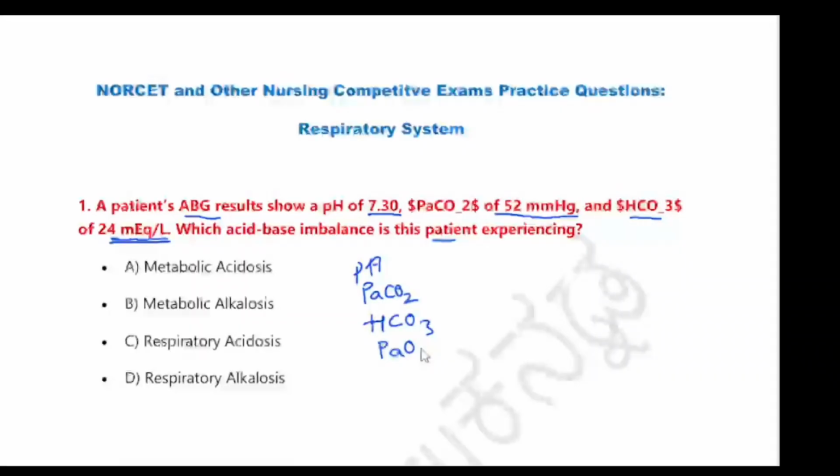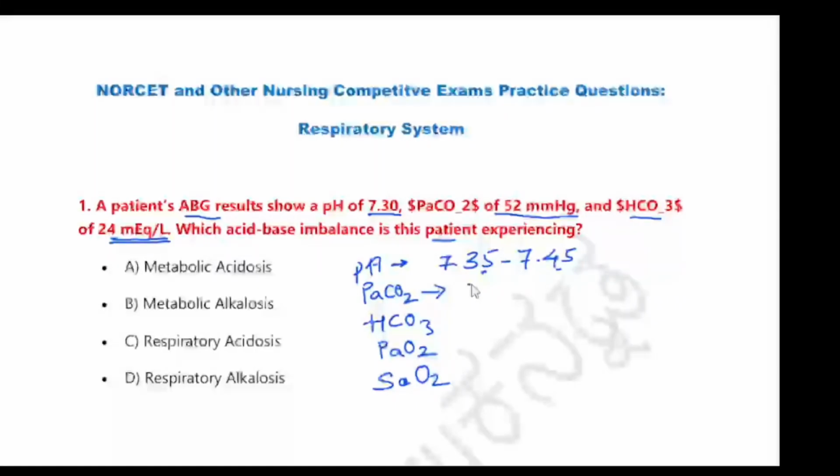See, what are the normal values of these components? Normal pH of blood is 7.35 to 7.45. The normal value of PaCO2 is 35 to 45 mm of Hg.